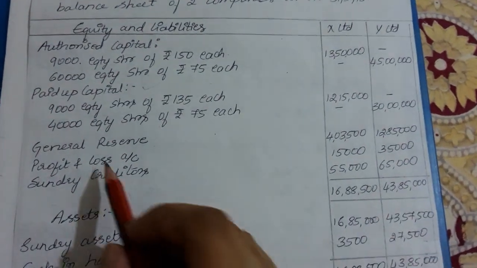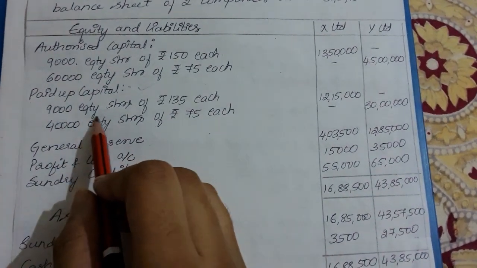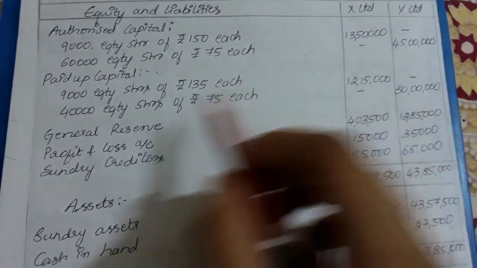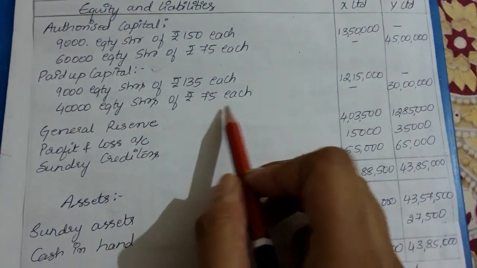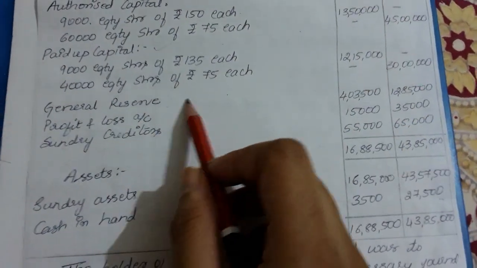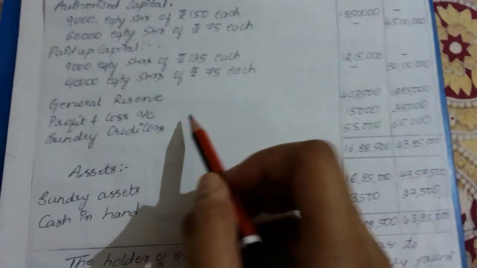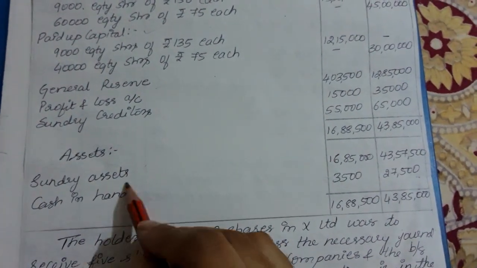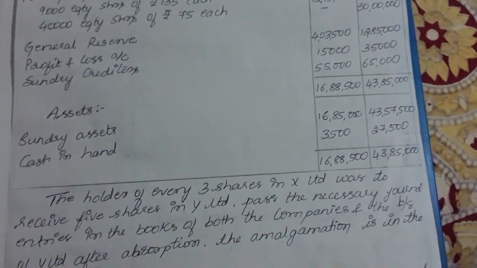There are 9,000 equity shares of rupees 135 each, 12,15,000, and 40,000 equity shares of 75 each, 30 lakh. Then you have general reserve, profit and loss account, sundry creditors, and on the asset side, sundry assets and cash in hand.